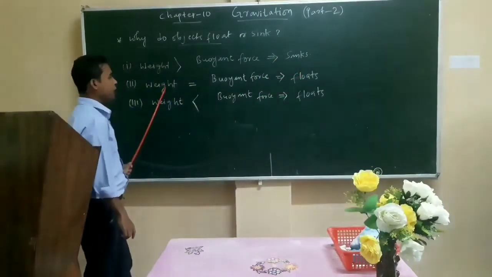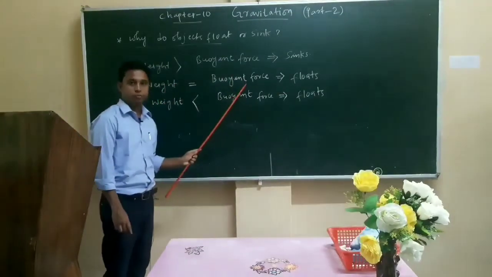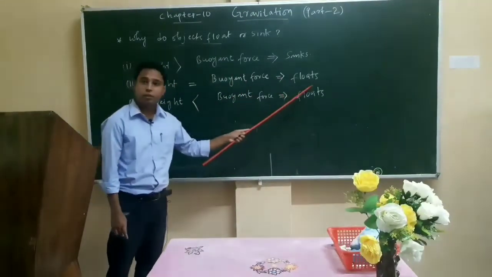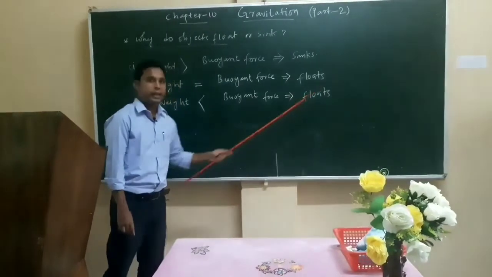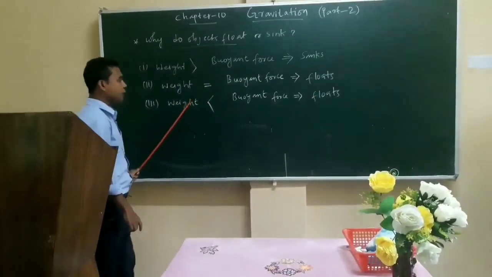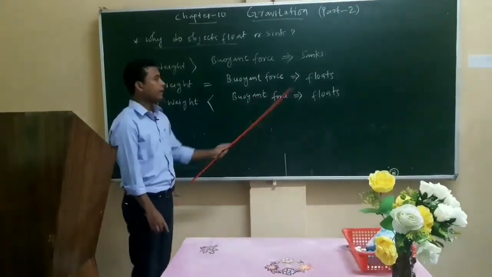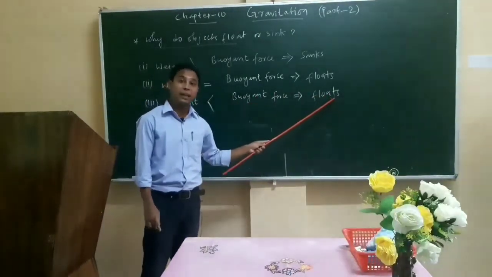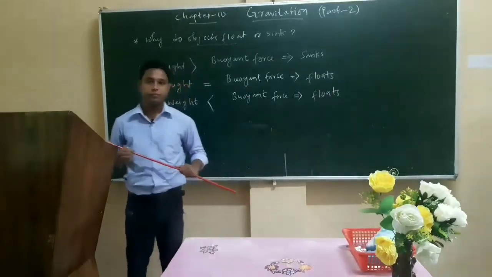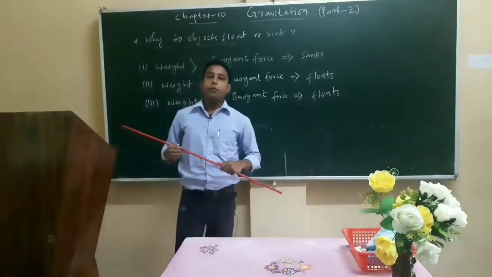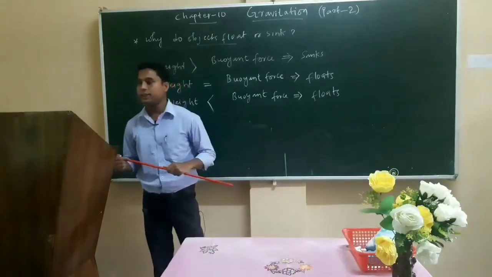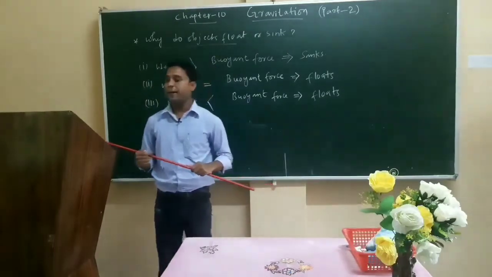If the weight of an object is equal to the buoyant force, then the object floats. If the weight of an object is less than the buoyant force, then the object floats completely in that fluid.